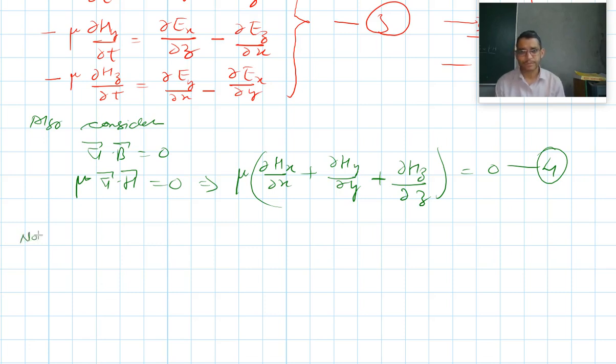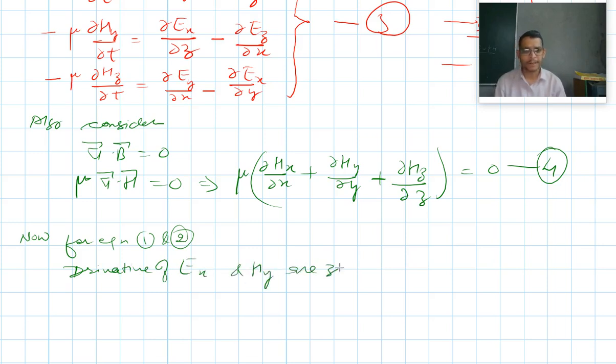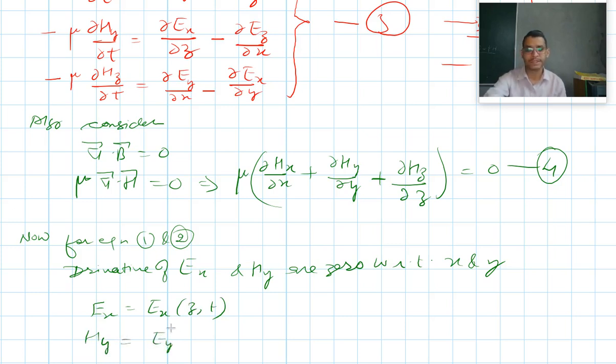Now for equations 1 and 2, the derivatives of Ex and Hy are 0 with respect to x and y, because Ex basically is a function of z and t, and similarly Hy is a function of z and t, right?